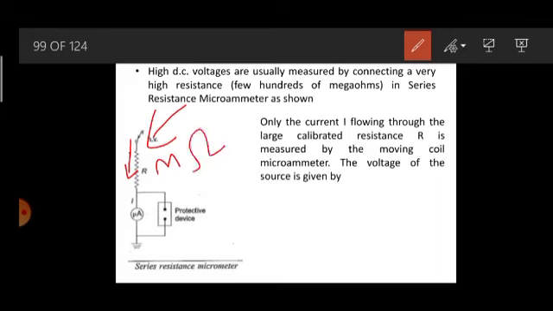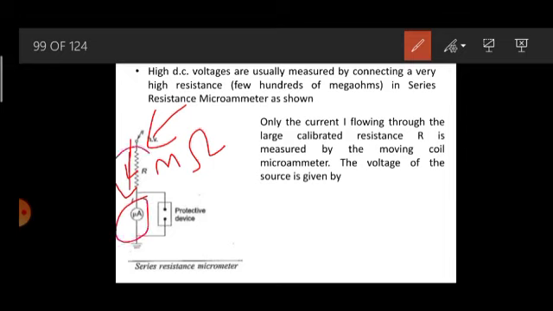So this resistance is so chosen that only 1 to 10 microampere of current is allowed to flow through it, such that it passes through this microammeter and gets measured.